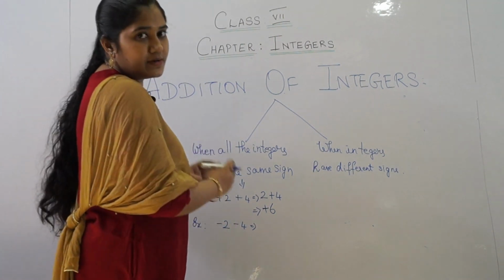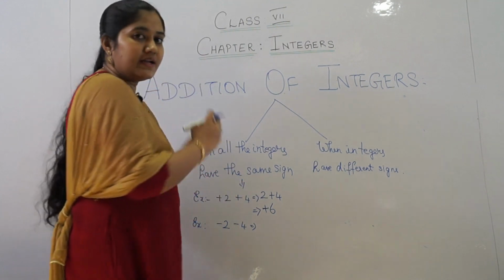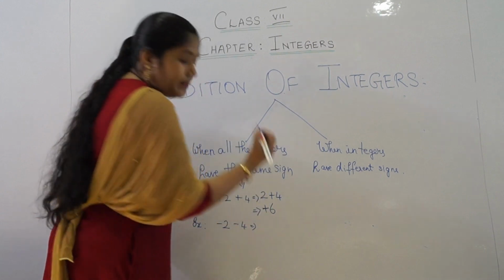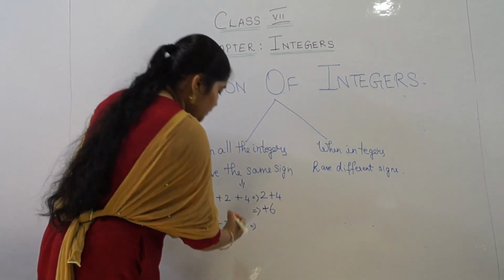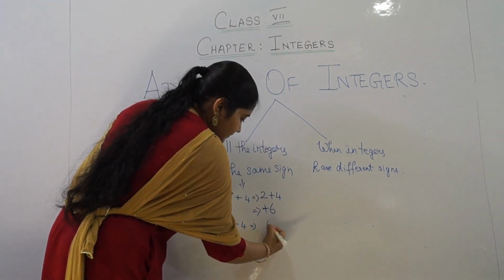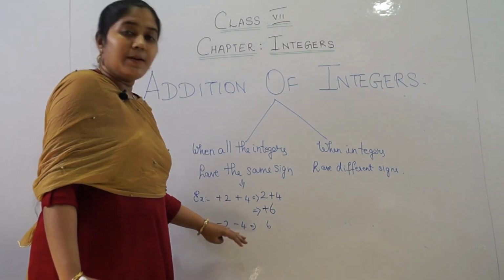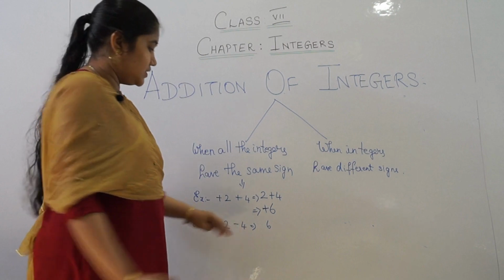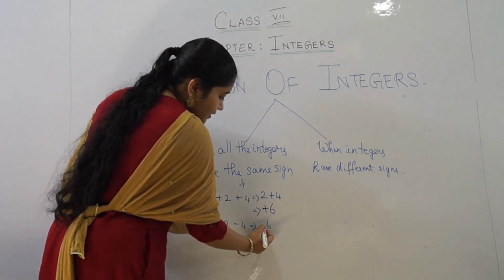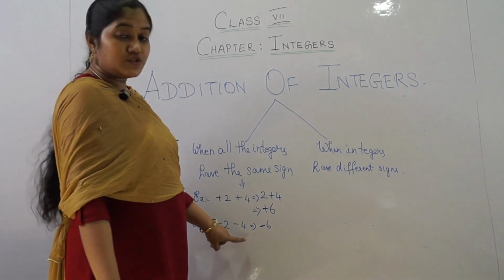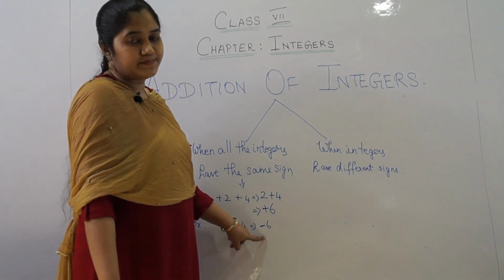When numbers have the same sign, I'm blindly going to add the numbers, that is 2 and 4, which is 6, and assign the sign that was common. Here minus is common for both the integers, so assign the sign of minus. So minus 4 minus 2 becomes minus 6.